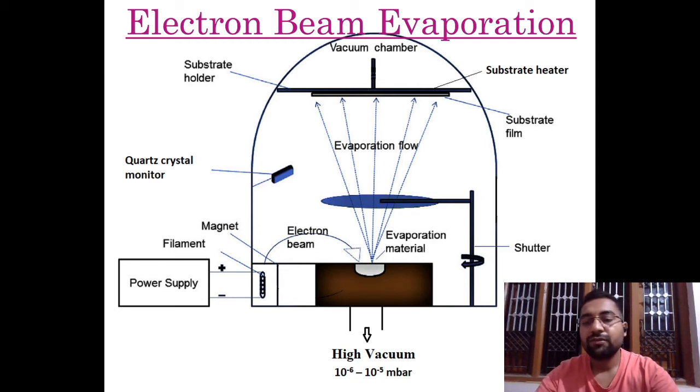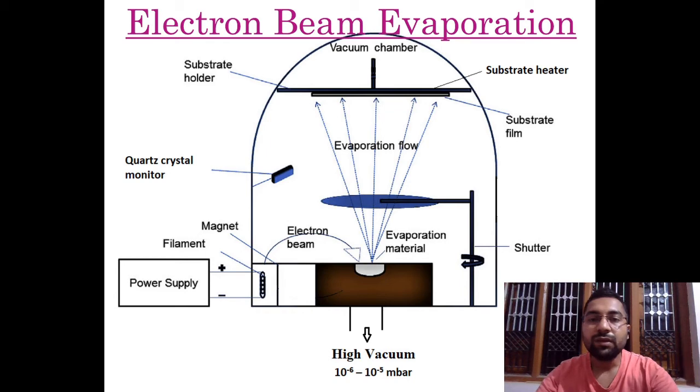For the deposition, we need a high vacuum condition. The high vacuum condition can be achieved by using the diffusion pump, which is backed by the rotary pump. The rotary pump can achieve 10 to the power minus 3 millibar of pressure, and this amount of pressure is not sufficient for electron beam deposition.